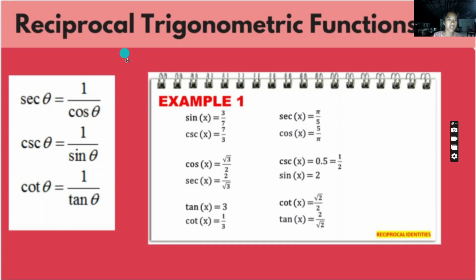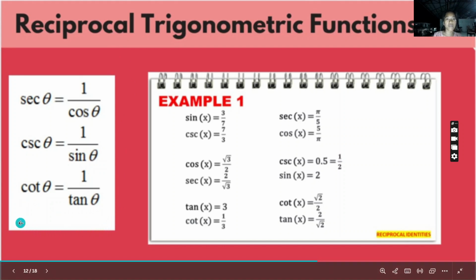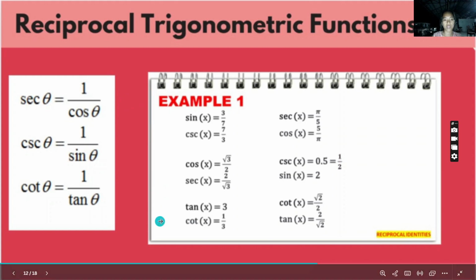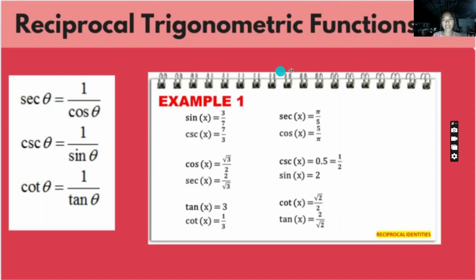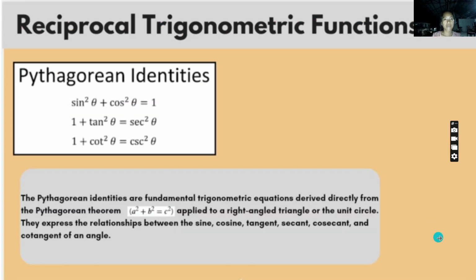So it's very easy because it is just the inverse of the first trigonometric functions. We have here the examples which you can browse. You can just go back to these videos if you want to see more on the given examples.